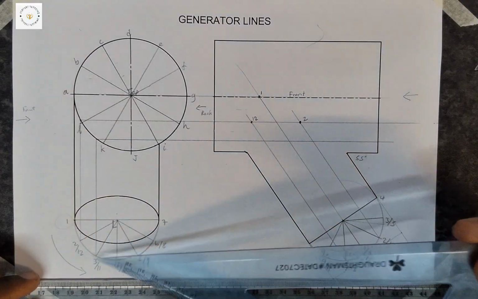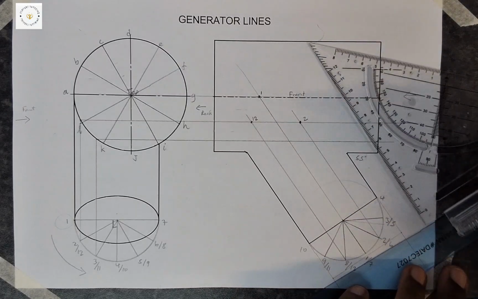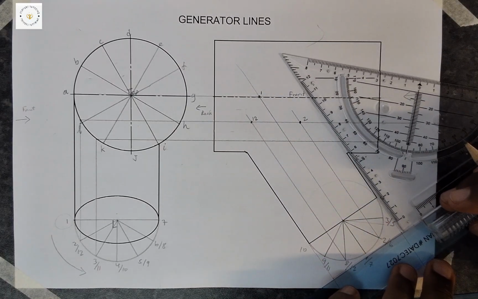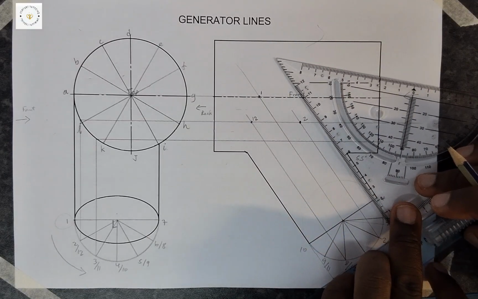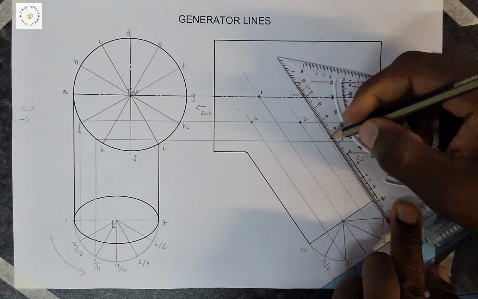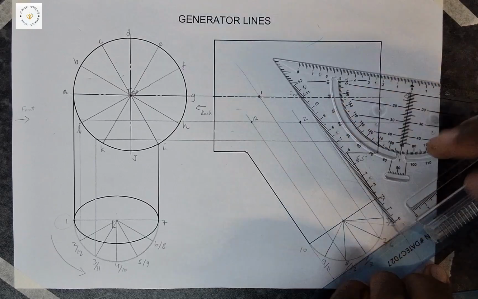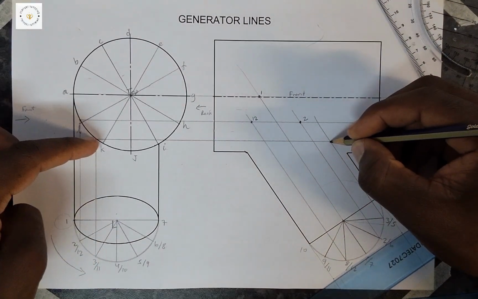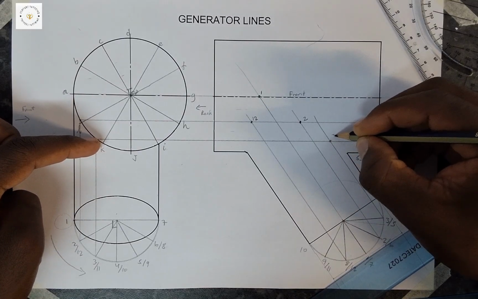But then we know that's 3 and 11, so we need to figure out where is 3. 3 is here, right? So I'm going to take my 3 here, project it all the way until it meets the other 3 from the top view. So we have here the point number 3.